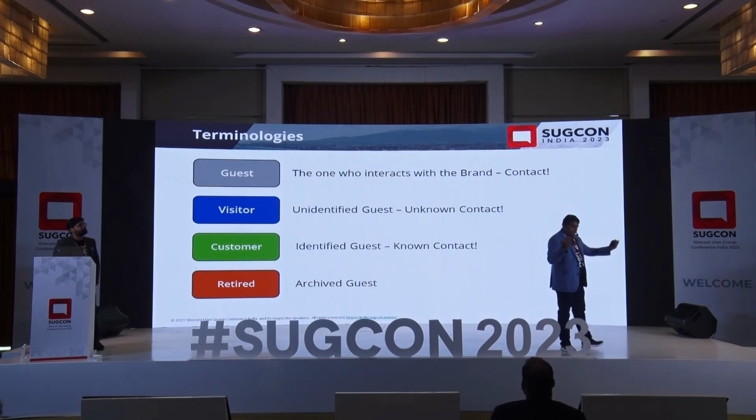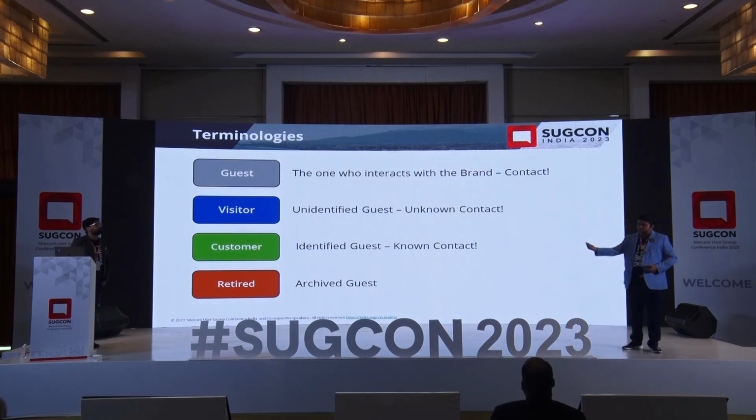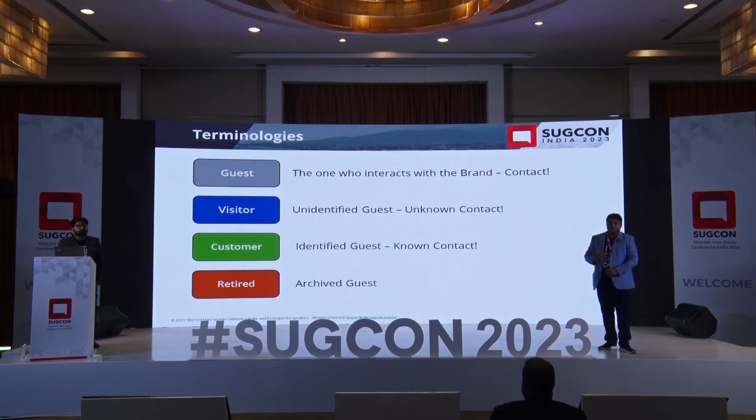Initially I was a visitor on both devices, but as soon as I registered, I became a customer. Now, when I log back into my desktop with the same profile, that contact information moves into the customer profile, and that is when that particular visitor is retired.